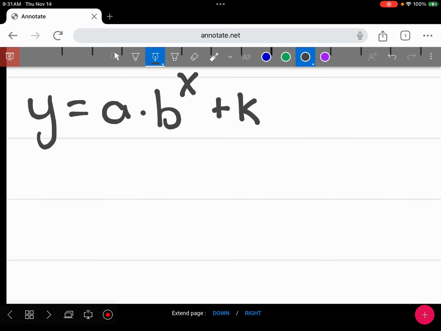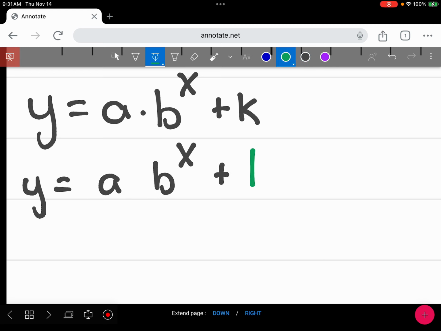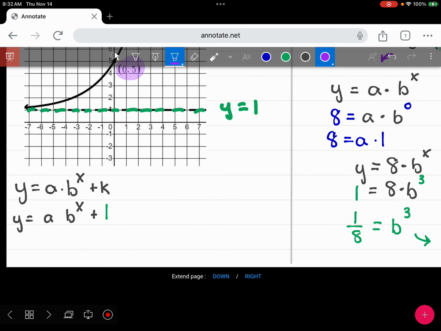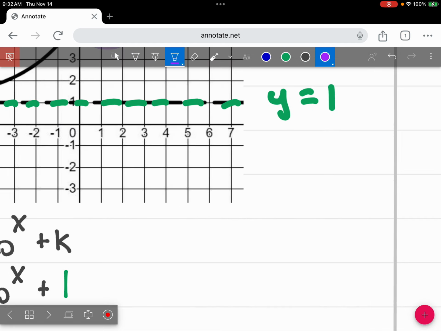So this is the same thing as y equals a times b to the x plus 1. We're going to go exactly through the same order we did before. I have an x of 0, so that's going to make it easier for me to find the a. So I'm going to start with my (0, 5). I'm going to be a little tight on space, but that's okay. I'm going to write small.